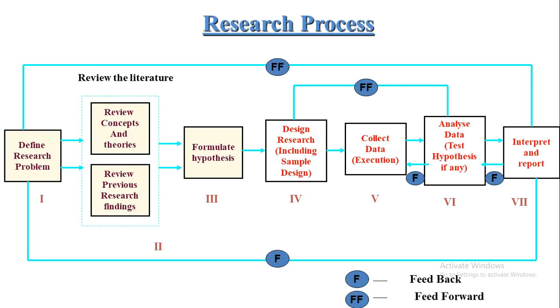We can follow different research processes or procedures. The first step is to define the research problem. What are the research problems? We review the concepts and theory related to that problem, to know the existing body of knowledge, and to find out the existing gaps or limitations related to that problem.